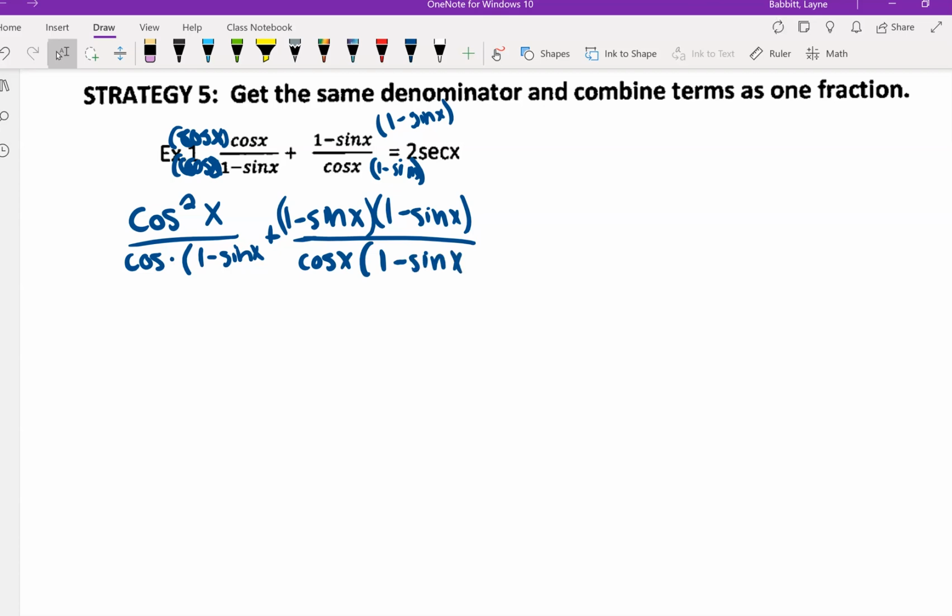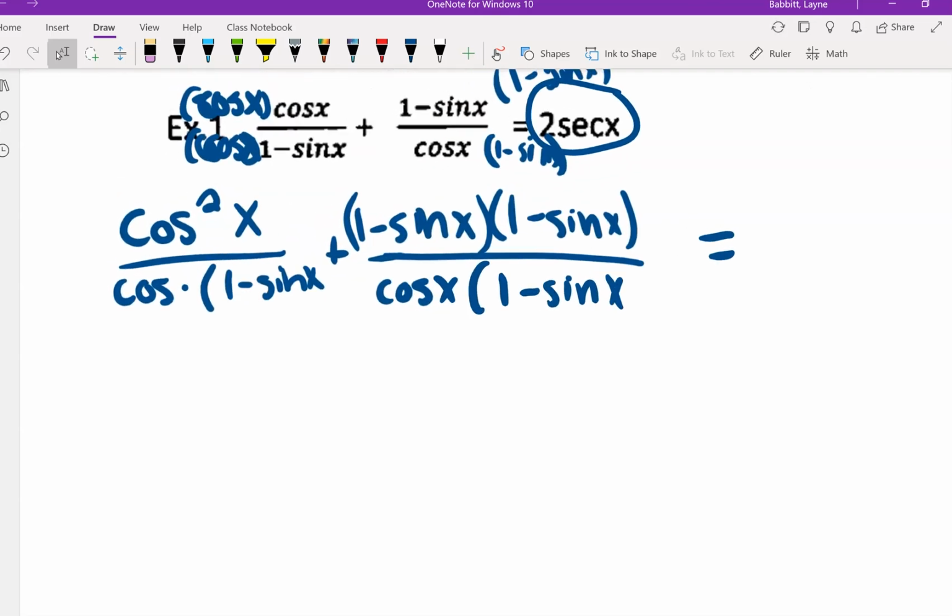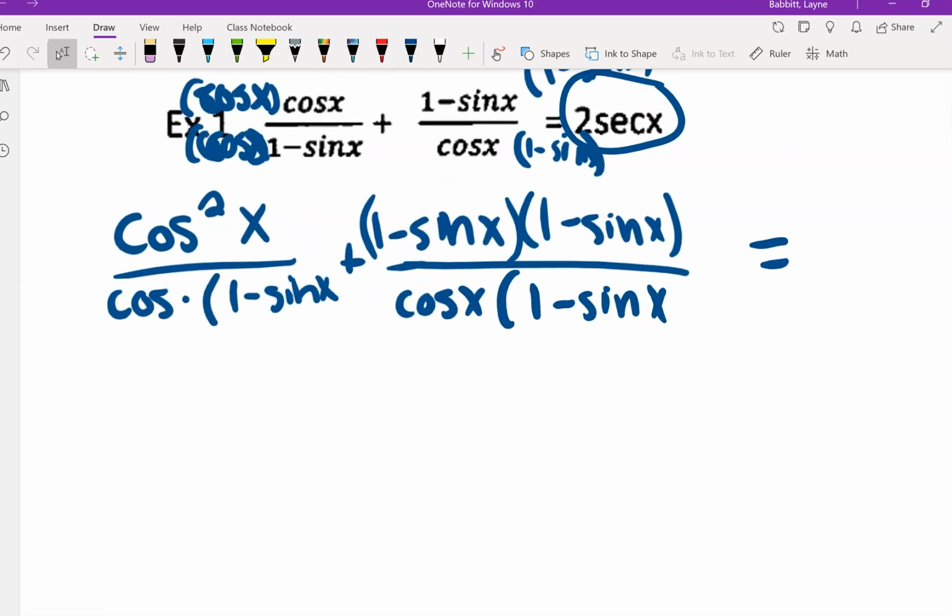And we've got a lot of simplifying we need to do. And remember, we want that to equal this. Alright, so now let's do some simplifying.